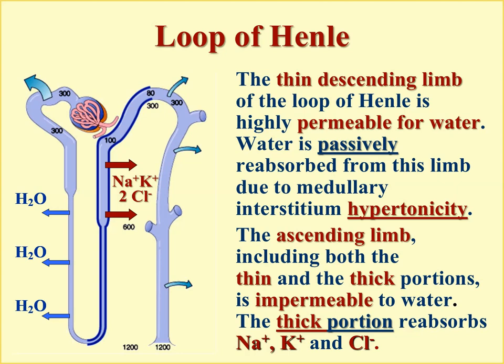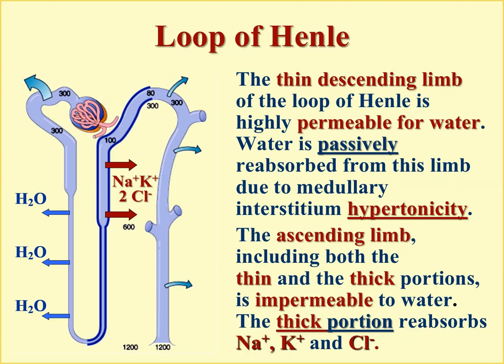The filtrate runs through the tubules constantly, and the ascending limb constantly removes sodium, potassium, and chlorine out of the filtered fluid, and these ions are located in the interstitium on their way to blood, and therefore the interstitium constantly has high osmotic pressure, and this high osmotic pressure contributes to water reabsorption passively from the descending limb of the loop of Henle and also from the collecting duct.